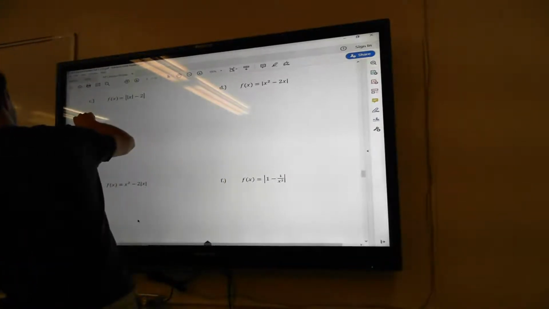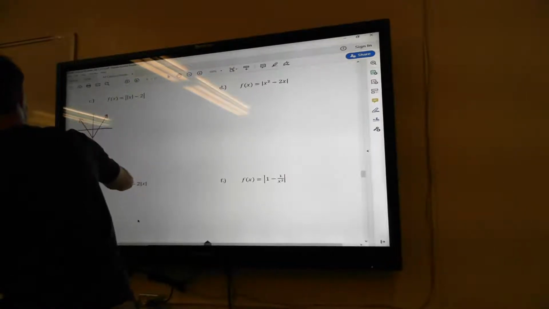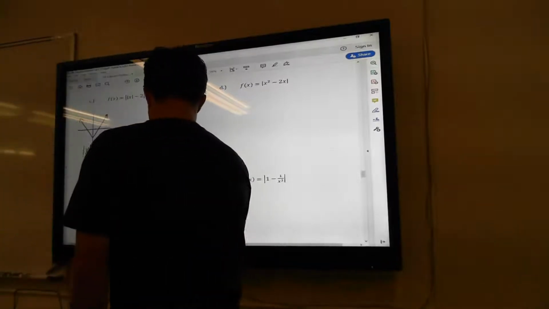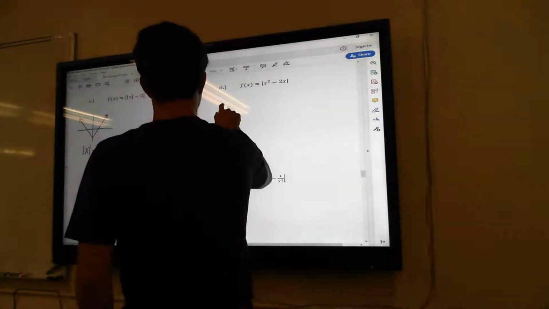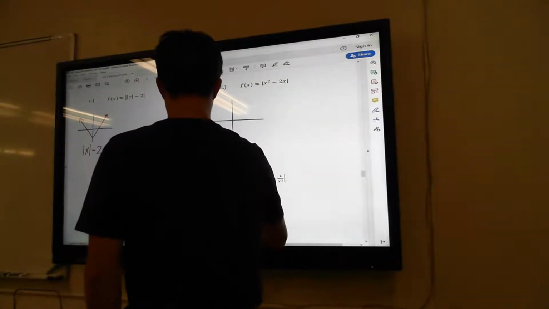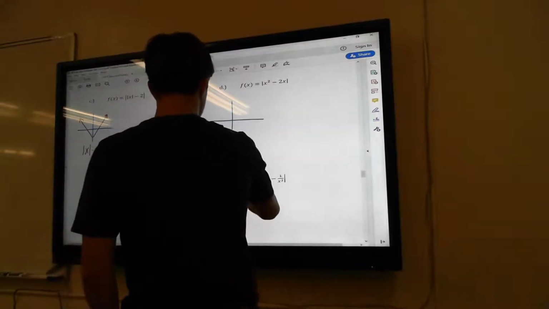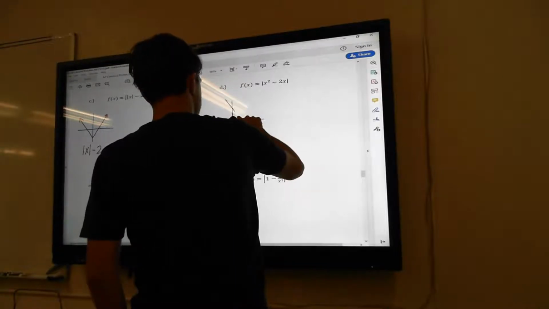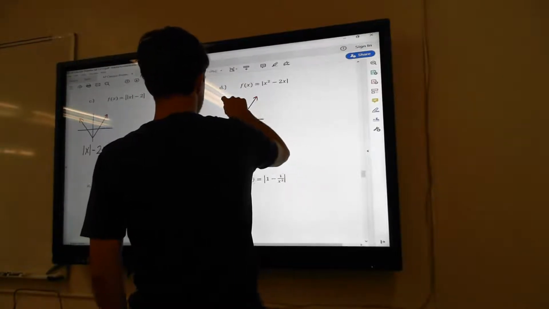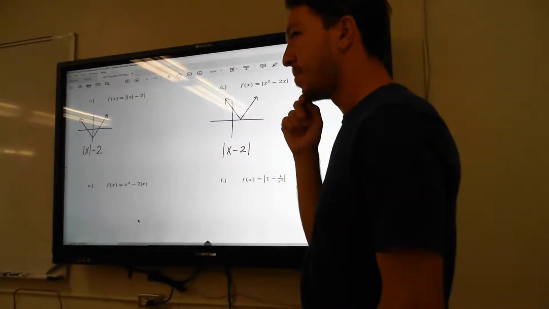What if you said your parent function was absolute value of x minus 2? How would you think about this function? Alternatively, what if you started off with thinking about it as the absolute value of x minus 2? I hope I don't confuse anyone by doing it both ways here, but do you see how you could do it either way?